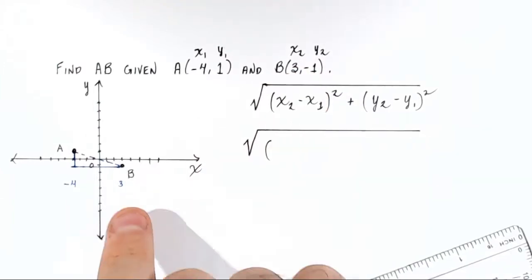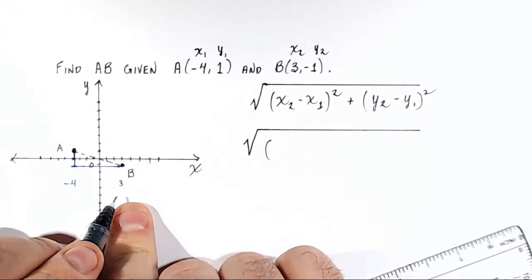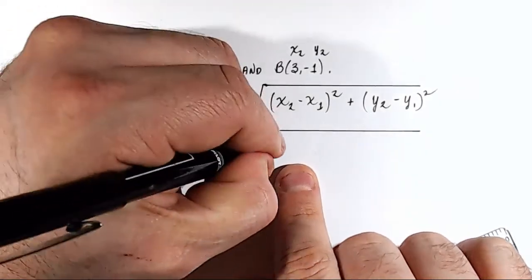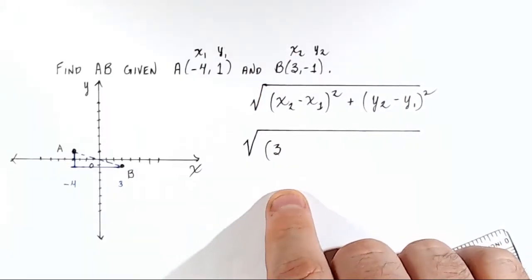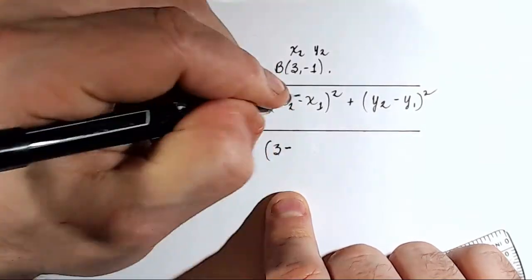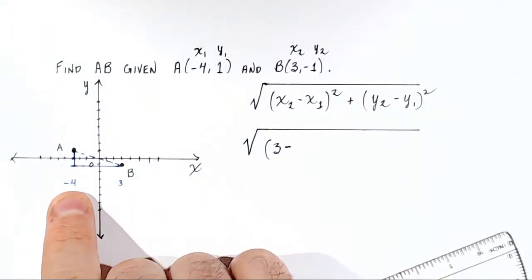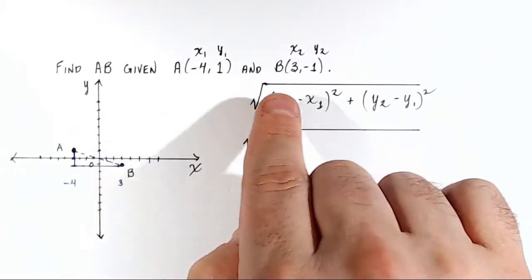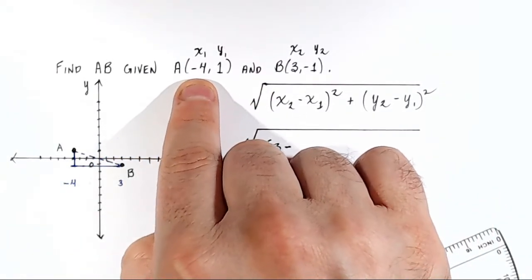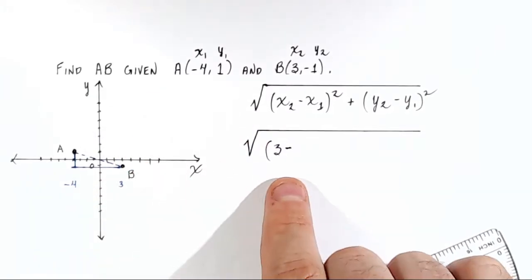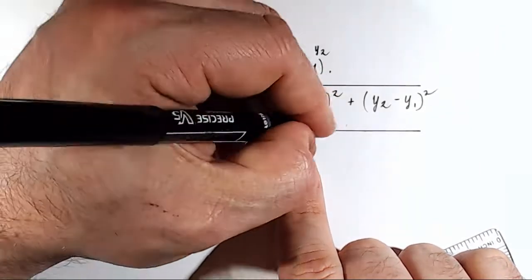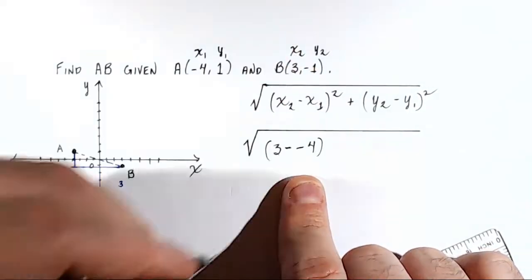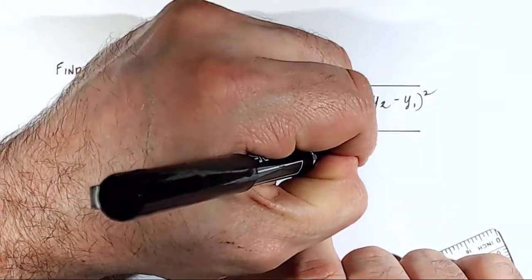We saw visually that the x-coordinate of point B is 3. So let's write 3 minus, and then here is the x1 coordinate, which we identified as the x-coordinate of point A. So 3 minus negative 4, close parentheses, squared, plus.